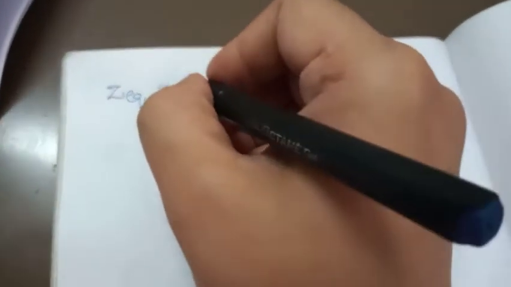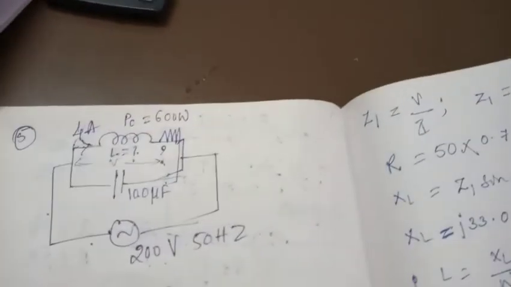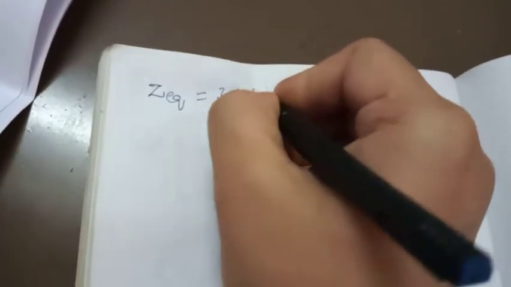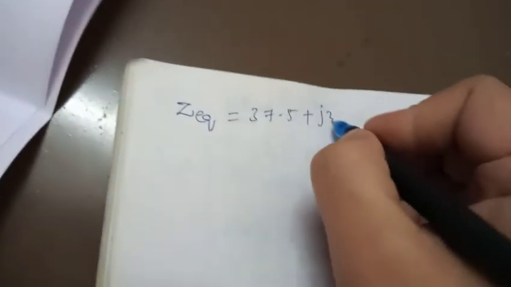Now, Z equivalent is equal to Z1 times Z2, divided by Z1 plus Z2. Z1 value is 37.5 plus j 33.071, into Z2.